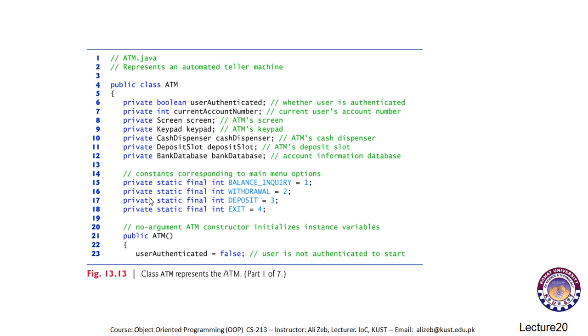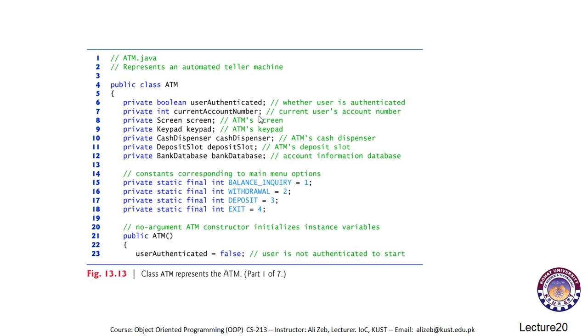The ATM class will have a boolean variable for authentication of the user, and the current account number, that is, the account number of the user that is using the ATM machine.